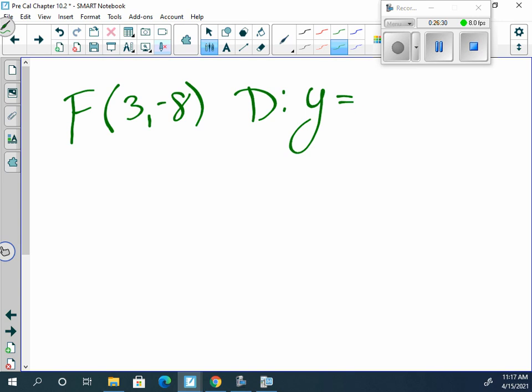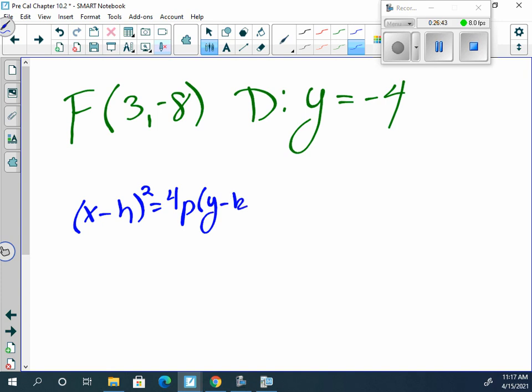Equals. So this would be the first one, and I'm just making this one up on the spot. So we would have (x minus h) squared is equal to 4p times (y minus k).